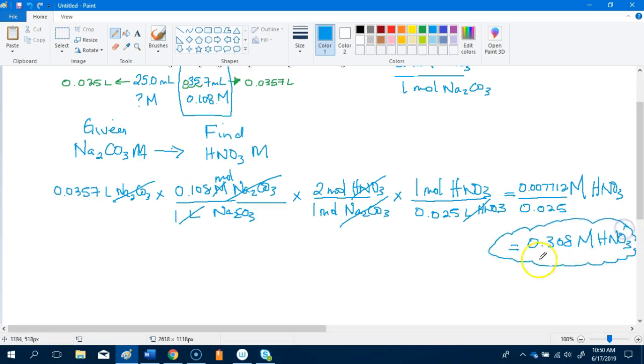And that's how you find your concentration of hydrogen nitrate for this question.